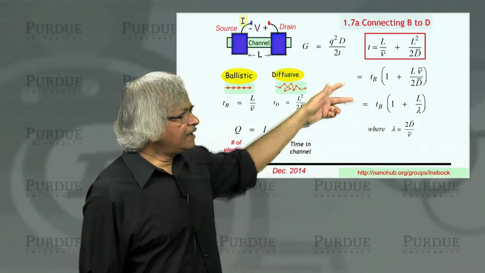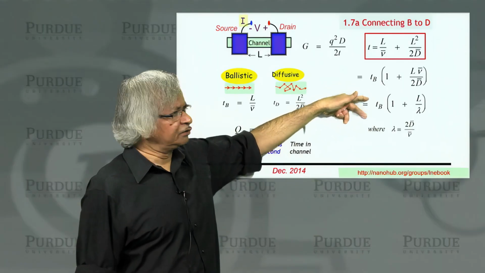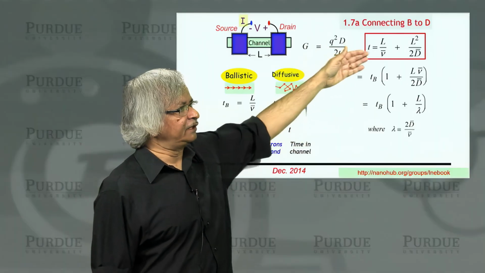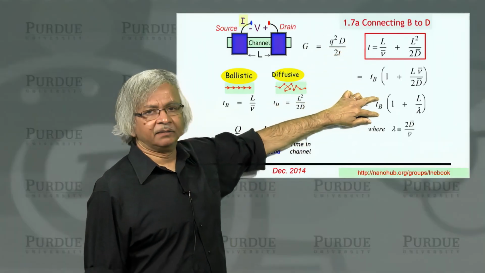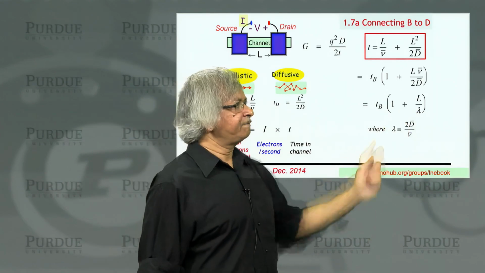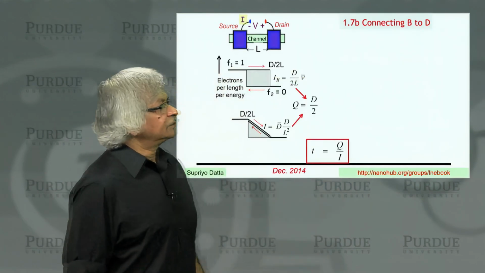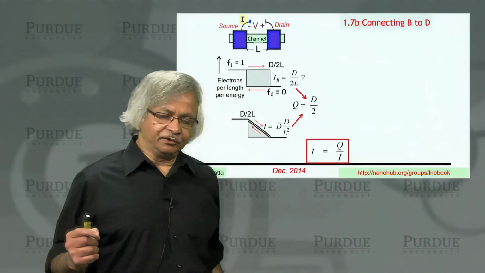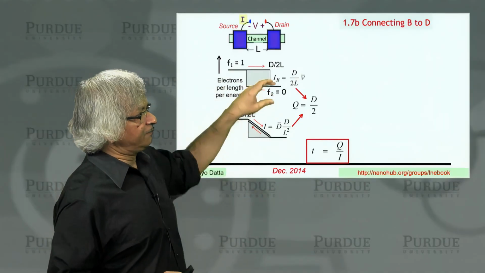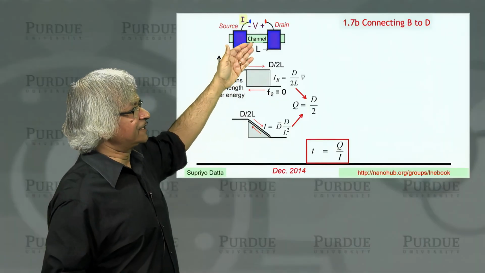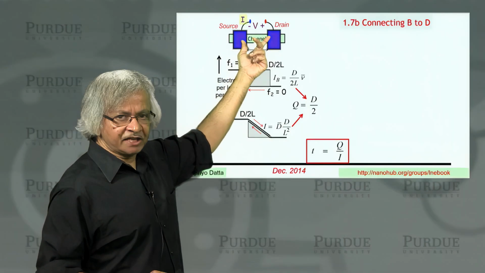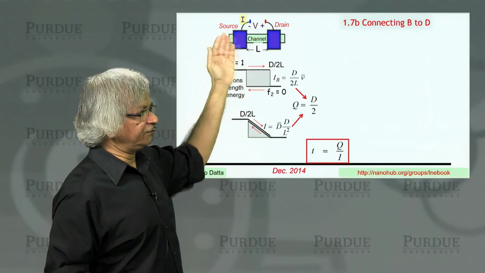Okay? So let me say a little more to justify why we might expect that the transfer time should be given by the ballistic time times 1 plus L over lambda. Now, what we did in the last lecture, if you remember, when I was trying to justify this diffusive time, is we said, let's just look at the electrons in the channel and relate it to the flux.